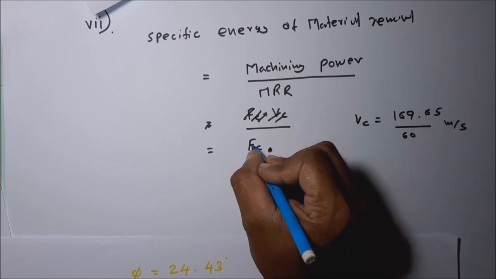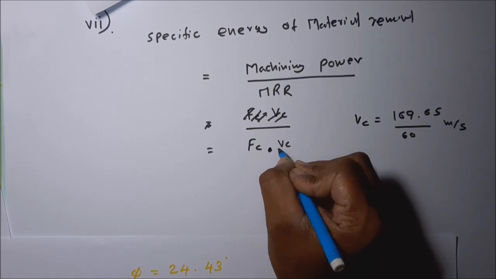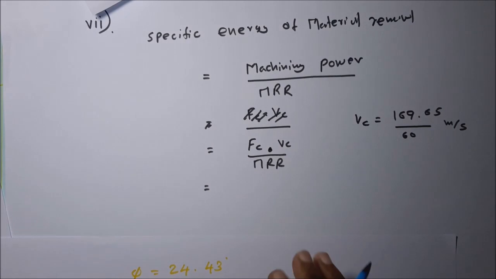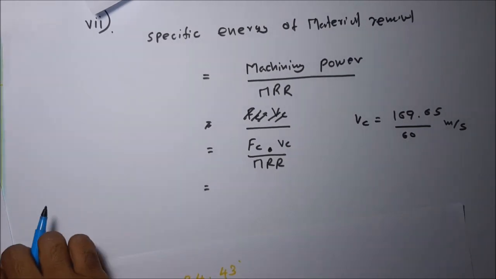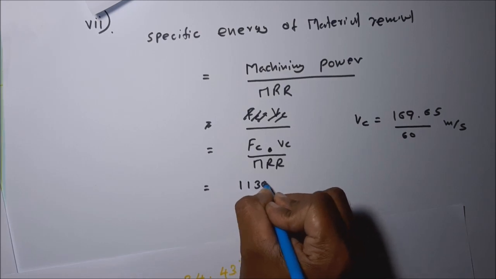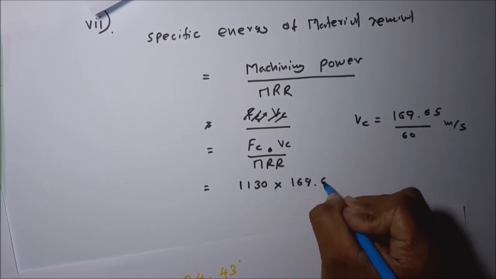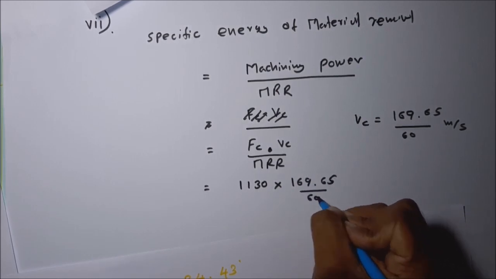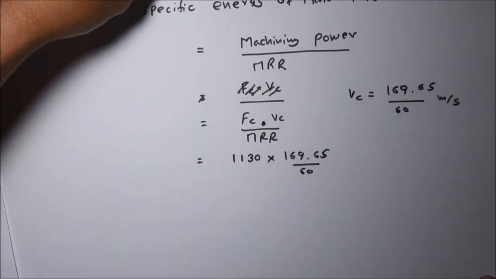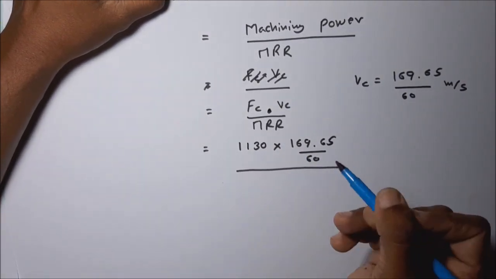Then Fc into Vc divided by material removal rate. So what is Fc? The cutting force is 1130, into Vc, 169.65 divided by 60. This is the power actually, that means the energy consumption per 1 second.